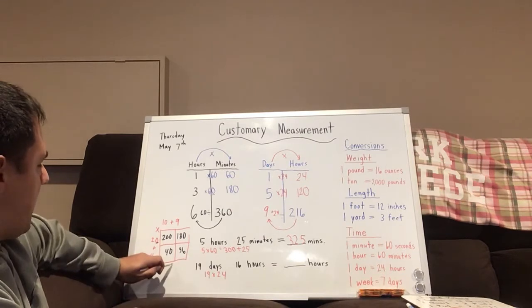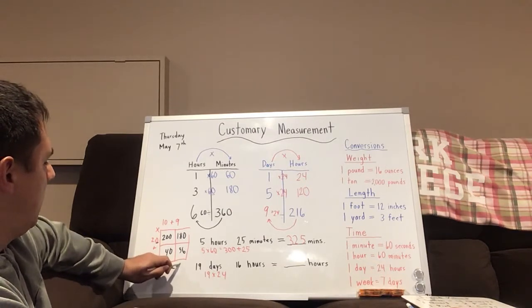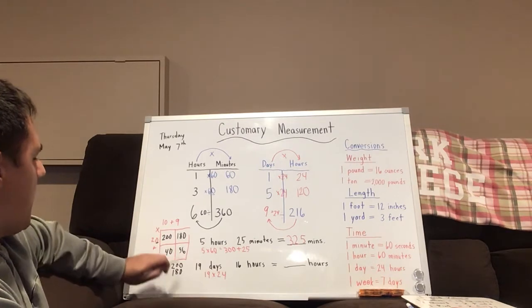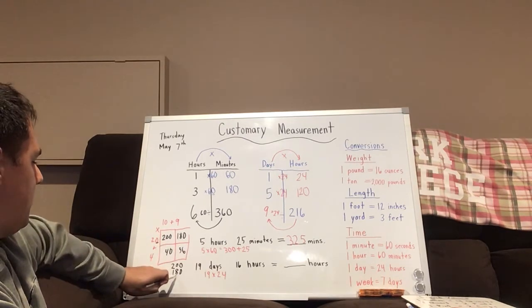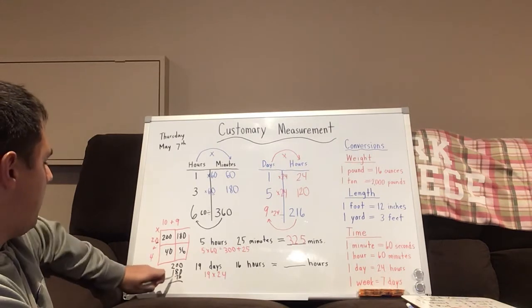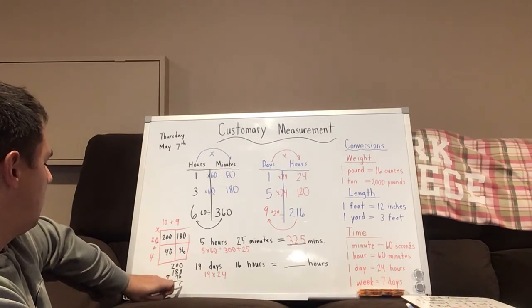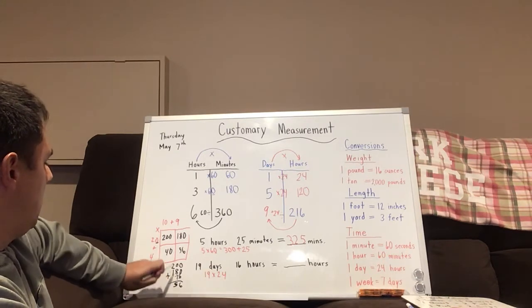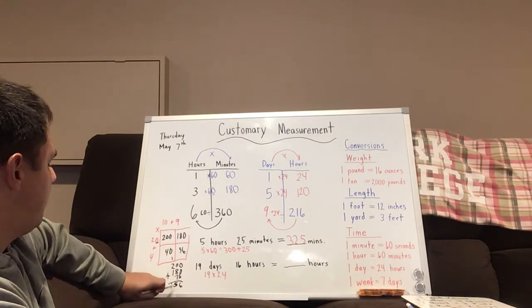So I'll probably stack these on top. 200, 180, and I can add those in my head. That's 76. And I'll add those all together. And I will get 15, carry my 1, 456.